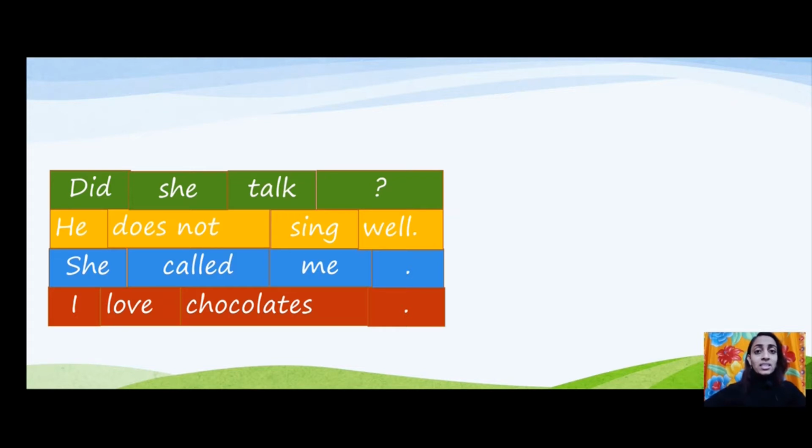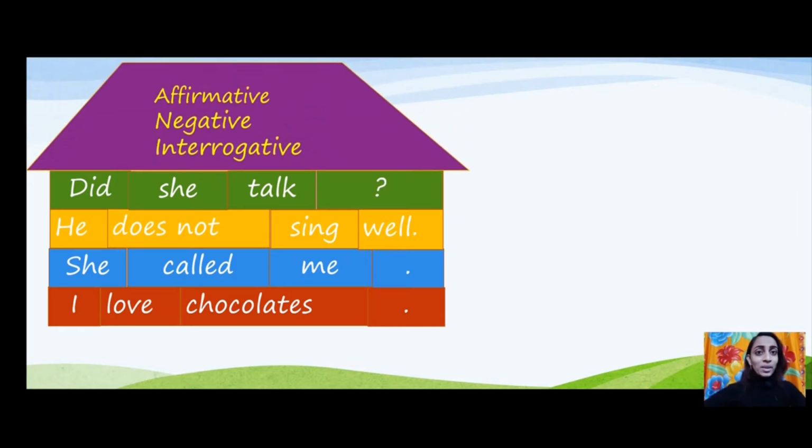And the sentence he does not sing well is giving us a negative meaning. And the sentence did she talk is asking us a question, right? Yes. So here we can find three kinds of sentences. They are affirmative, negative and interrogative sentences.